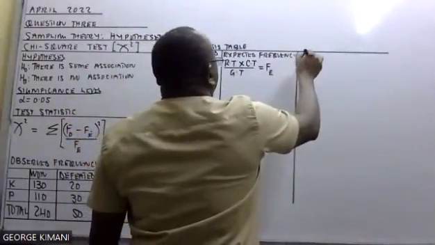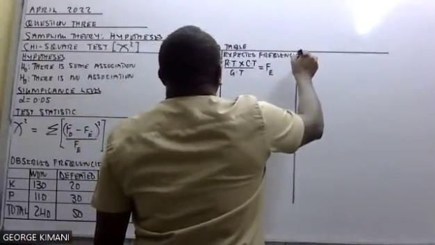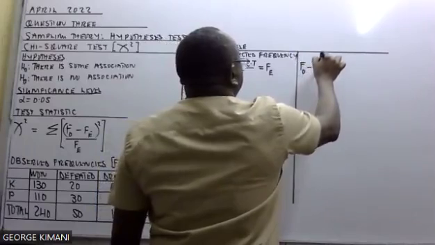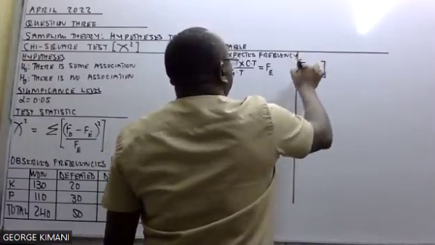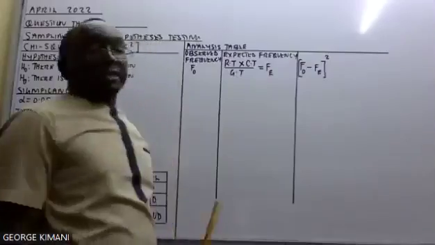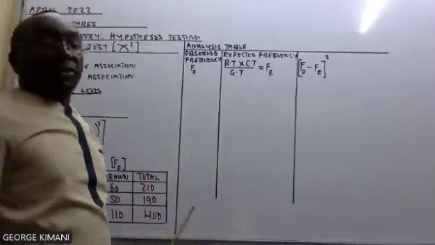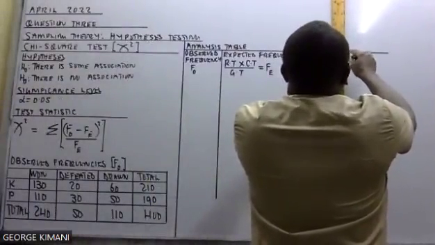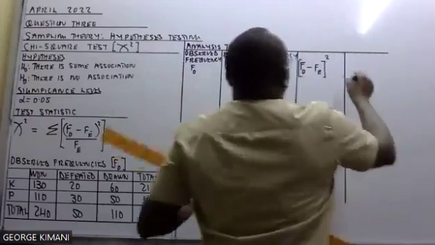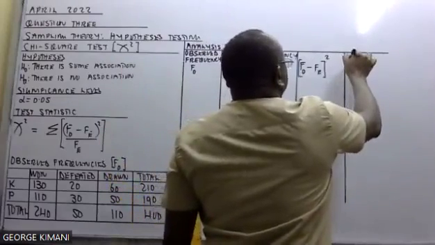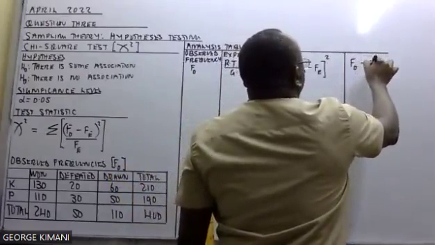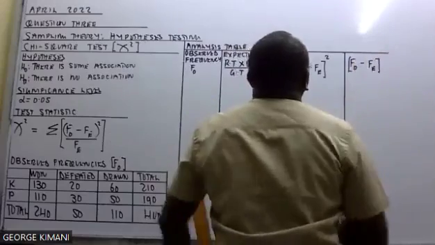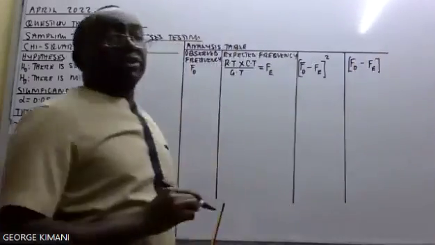Then you will get F naught minus FE. To minimize the columns, we can just square straight instead of having two columns. And then we will have this F naught minus this FE, which we can even actually have as one column.